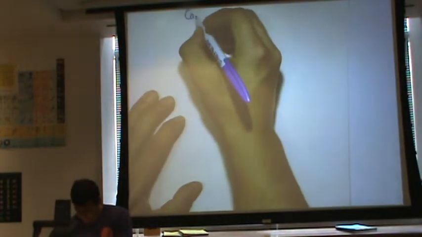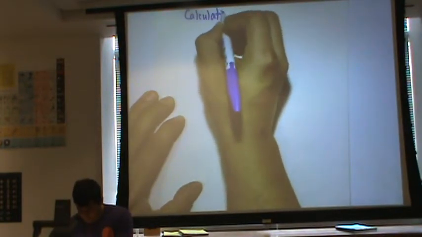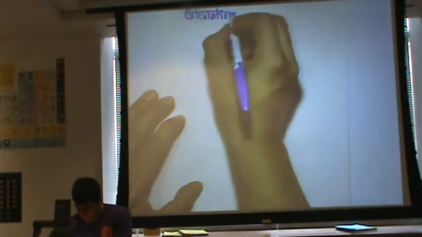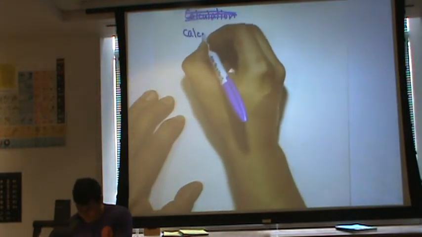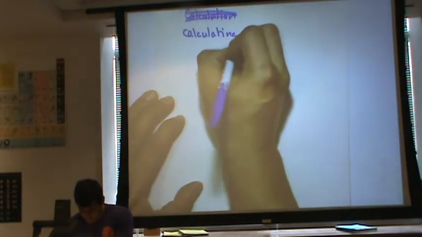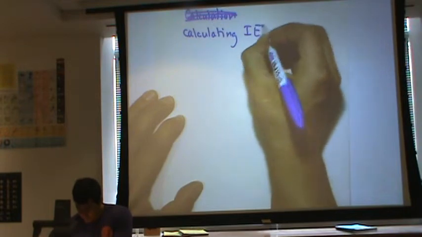So in order to calculate ionization energy, we use the Rydberg equation. Sorry, calculating ionization energy.